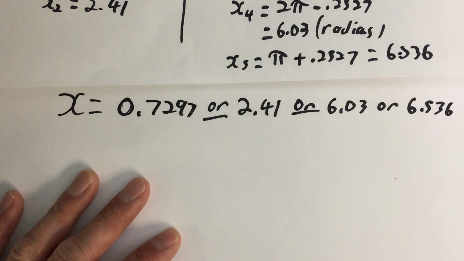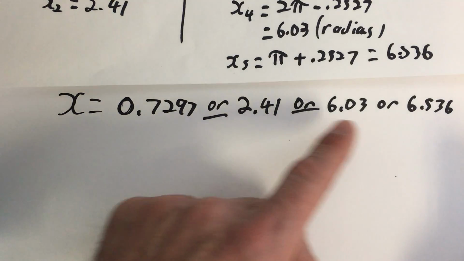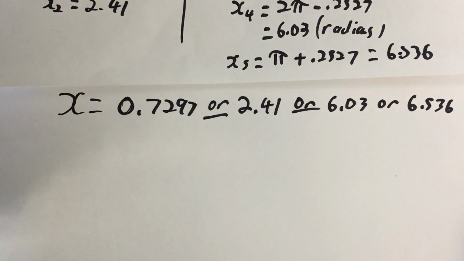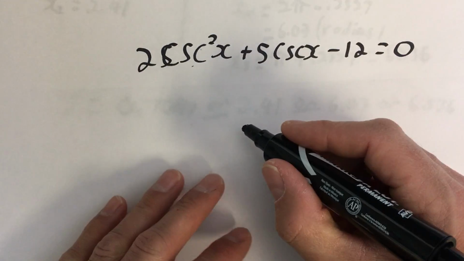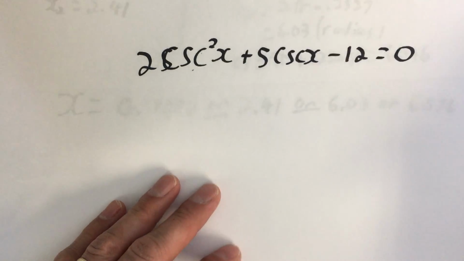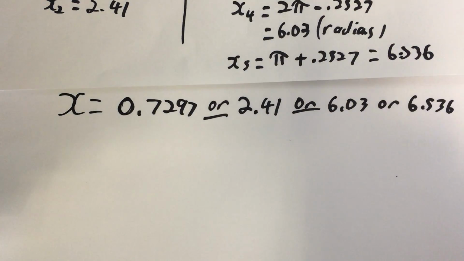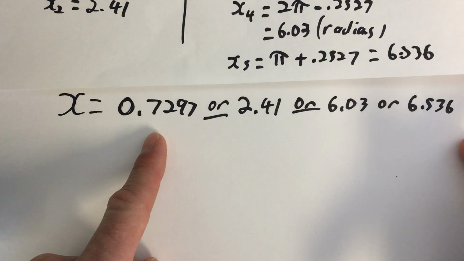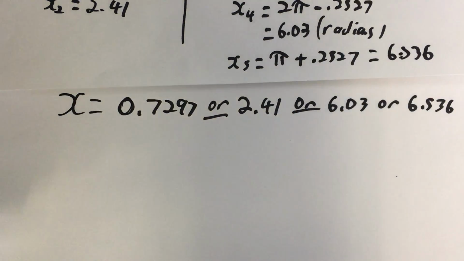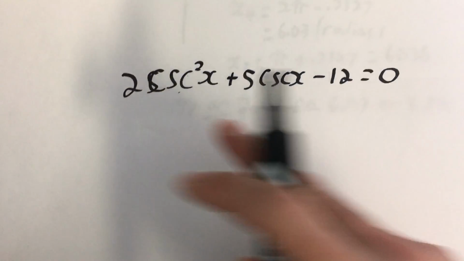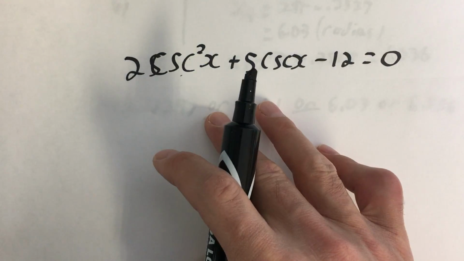All of these angles are in radians. These are 4 valid solutions to this equation here in between 0 and 2 pi. You can verify that by taking any of these angles in radians, plugging them into this equation, and seeing that the left side turns into 0.